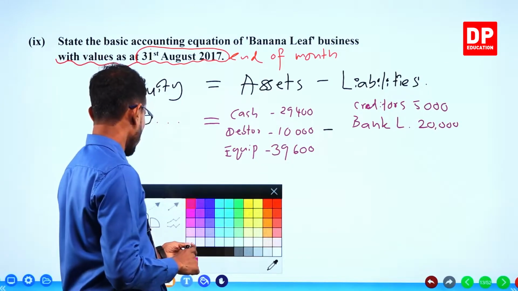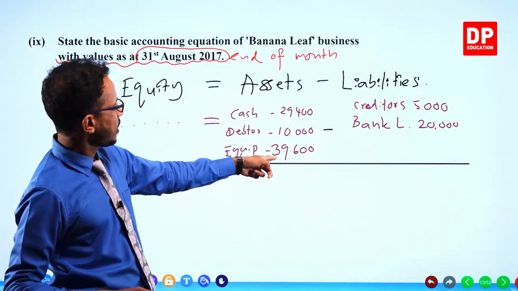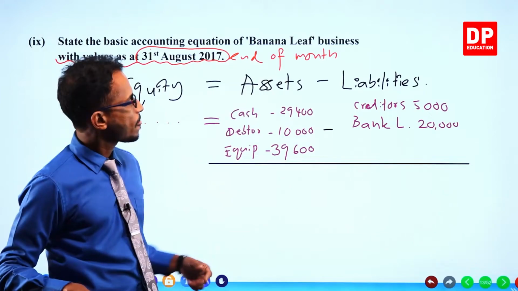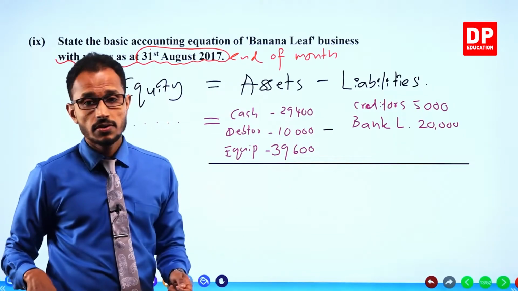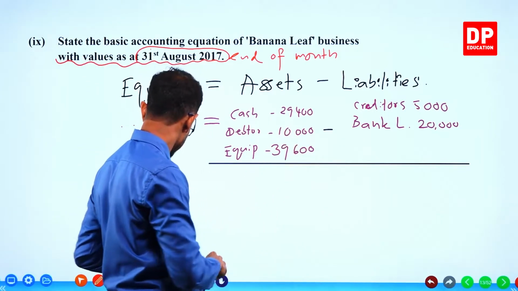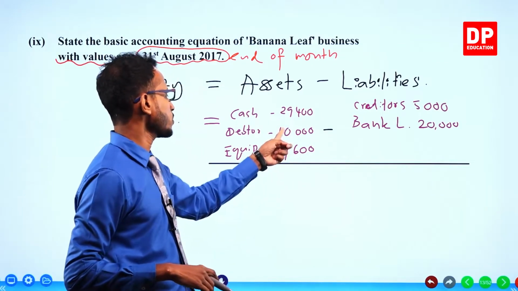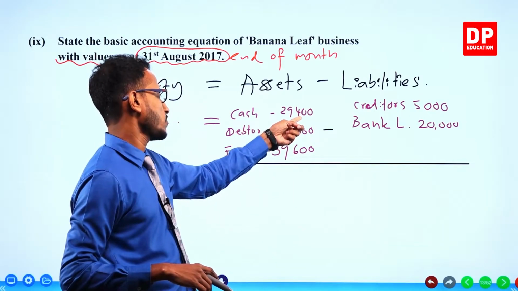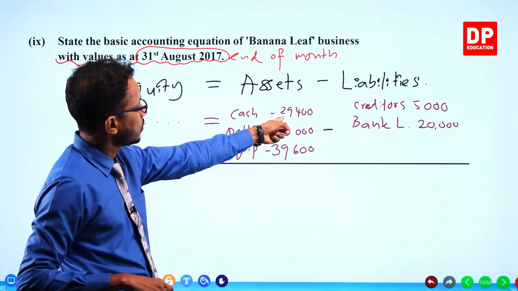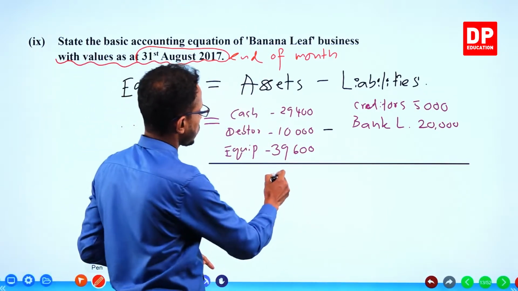finish this off. Total assets how much? 39,600 plus 10,000 is 49,600, plus 29,400, that is 79,000.